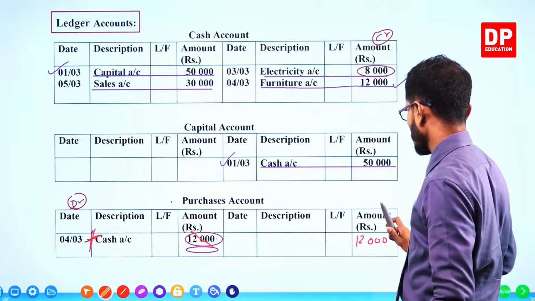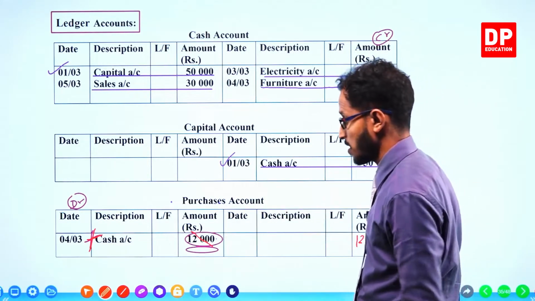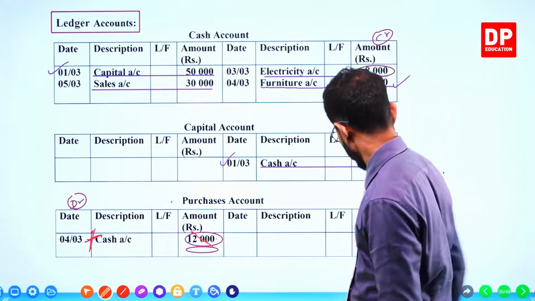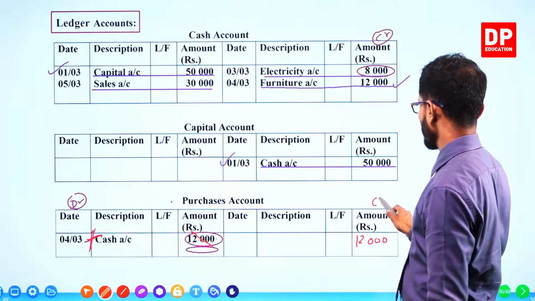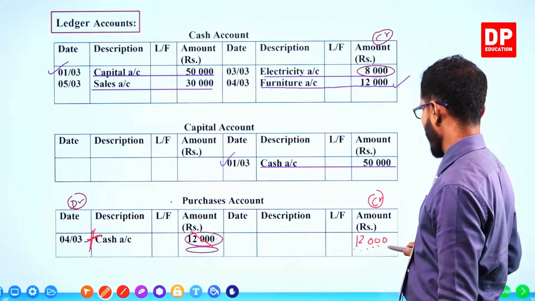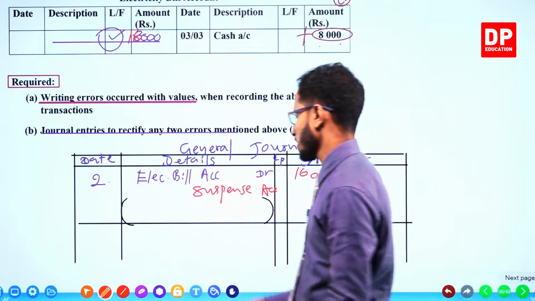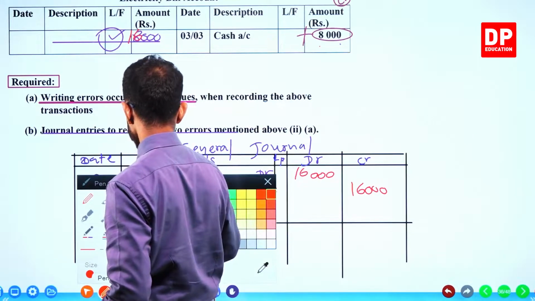So purchases account credited 12,000, and you put that 12,000 to the right place. Purchases credit 12,000. Furniture debit 12,000. That is the double entry.